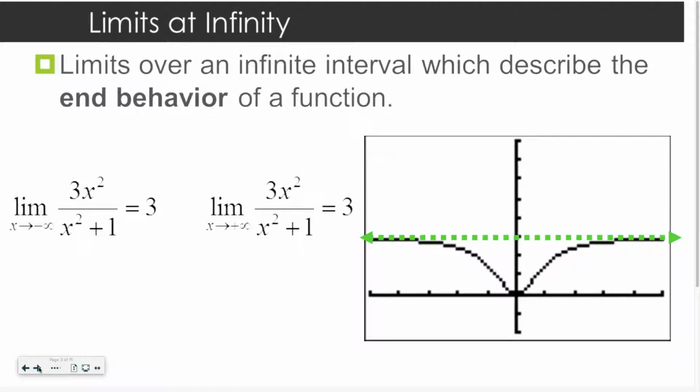We have simple things like polynomials. We have more complicated graphs when we get into the rational family. So we'll talk about the different strategies that we'll need to take in order to figure out what's happening on the right, what's happening on the left, in the event that we need to evaluate an infinite limit.